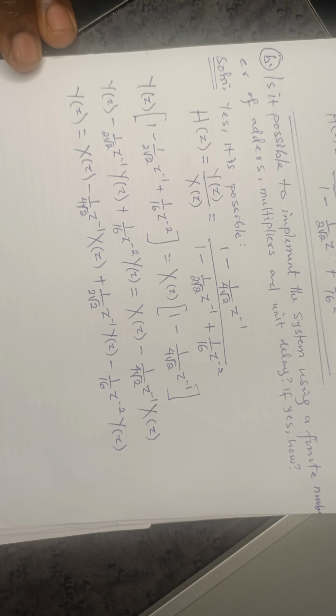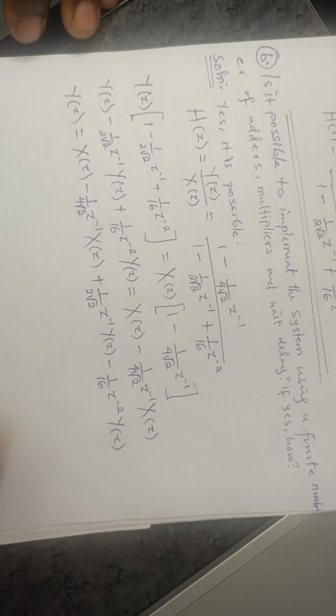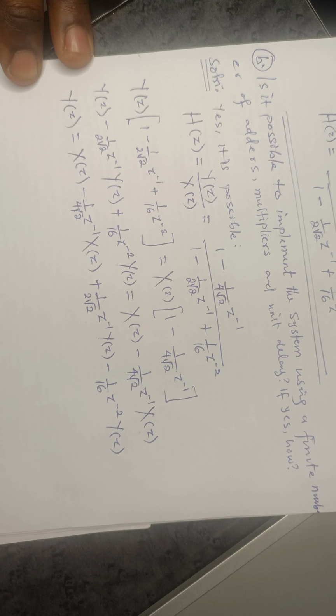So now this expression can be converted back to the time domain. It is in the z domain now, so we want to return it back to the discrete time domain. And we do that simply by reversing the situation.